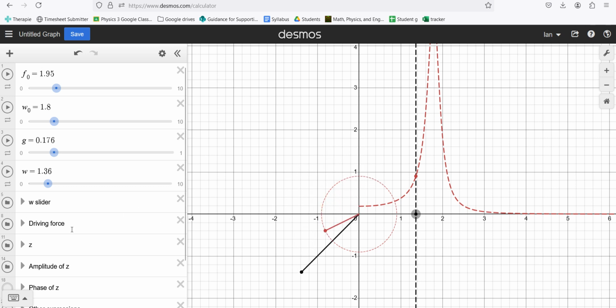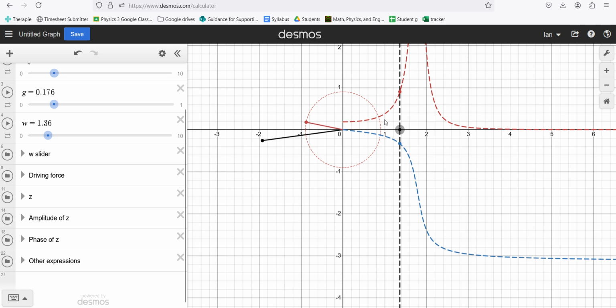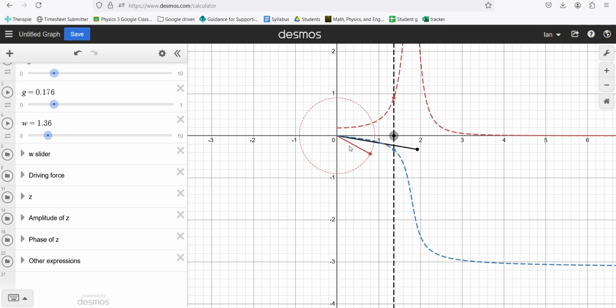It's a nice visualization. So we can also see here, this is the phase, this is basically the angle between these two guys, right? So this is kind of how far ahead is the oscillator with respect to the force. And of course, it lags behind, which is why this angle is always negative. So the position is always trying to kind of follow the force around.